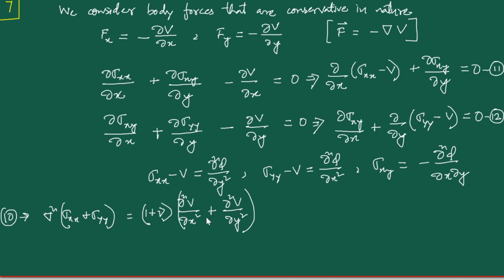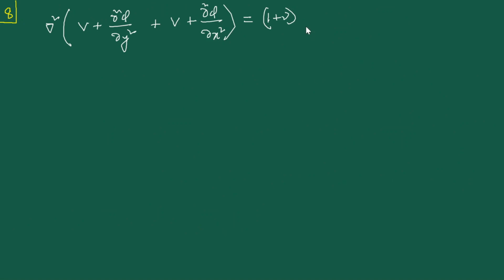Just look at it carefully, this is just the Laplacian of v. So this gives me twice the Laplacian of v, because this is twice v. The 2 goes outside, the Laplacian acts on the v, and these two terms together make up a Laplacian. So we have the Laplacian outside and another Laplacian inside acting on the phi.